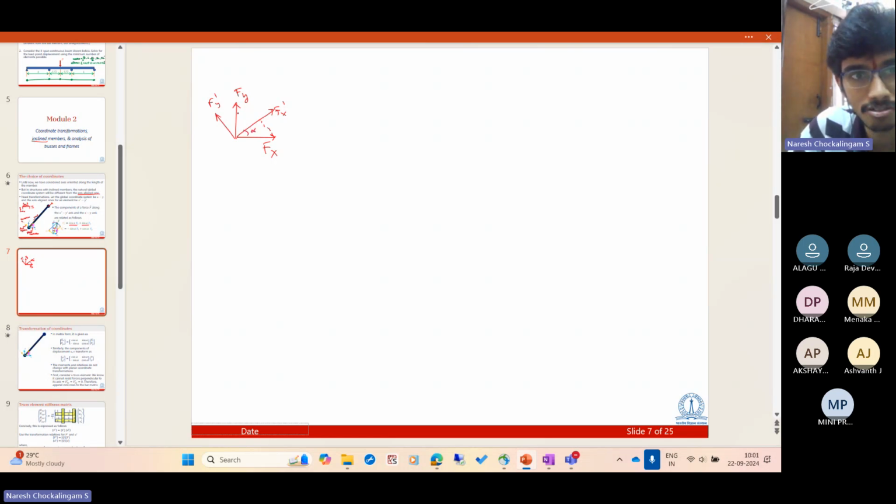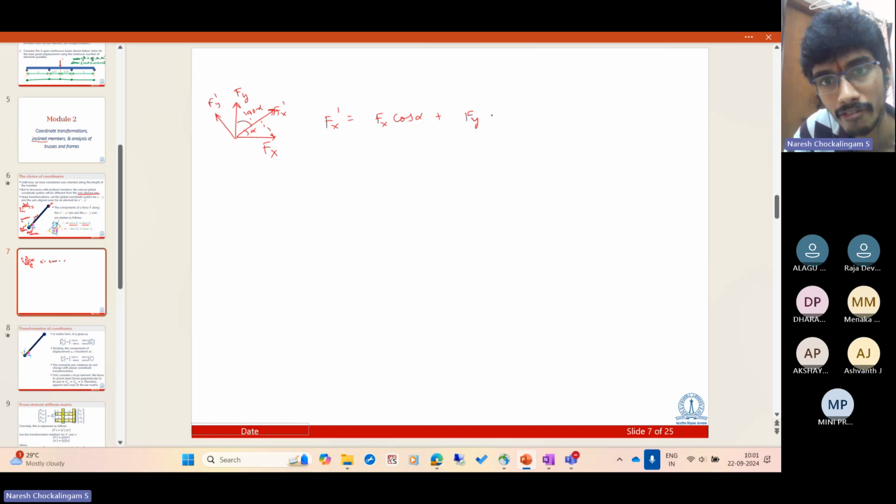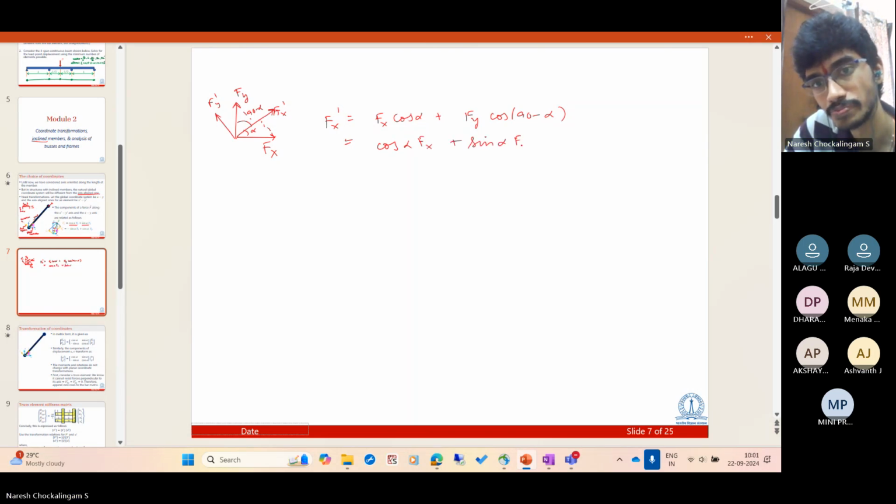This is alpha, this is 90 minus alpha. If you project these, fx dash is fx cos alpha plus fy cos of 90 minus alpha, so it is basically cos alpha fx plus sin alpha fy.